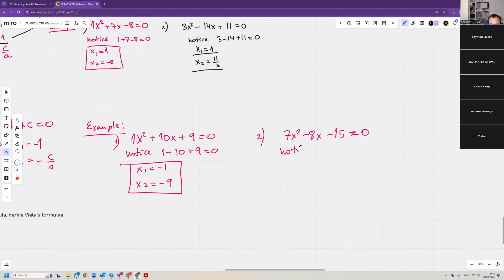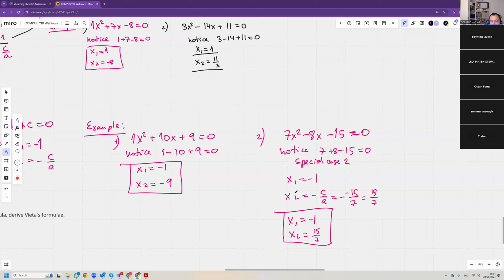So notice that if we change this sign to plus, 7 plus 8 minus 15, there's special case 2, and you get x1 is minus 1, and x2 is minus c over a, which is minus 15 over 7, which is 15 over 7. So x1 is minus 1, x2 is 15 over 7.